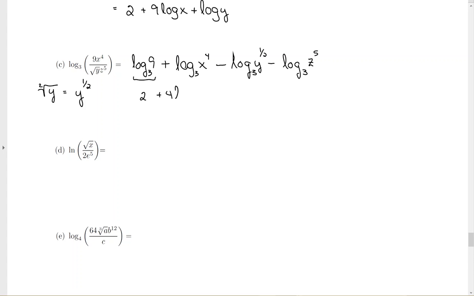Pull the powers down in front. When they do come down in front, that's multiplication. So it's 1/2 times log base 3 of y and minus 5 times log base 3 of z.